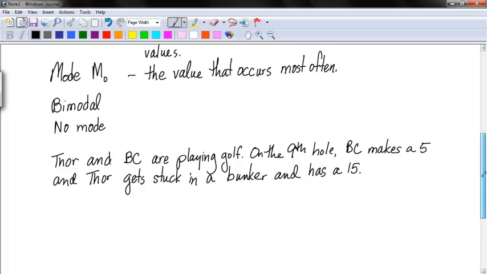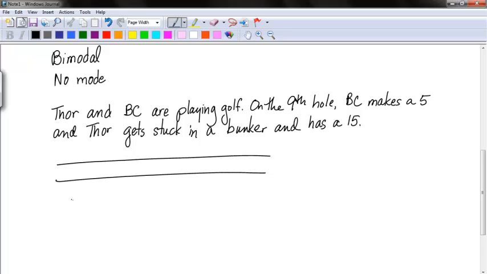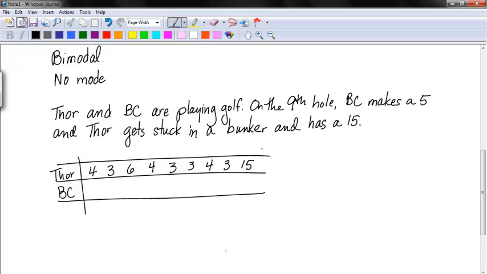Here are their scores, Thor on top, BC in the bottom row. Thor's scores going across: 4, 3, 6; 4, 3, 3; 4, 3, 15.